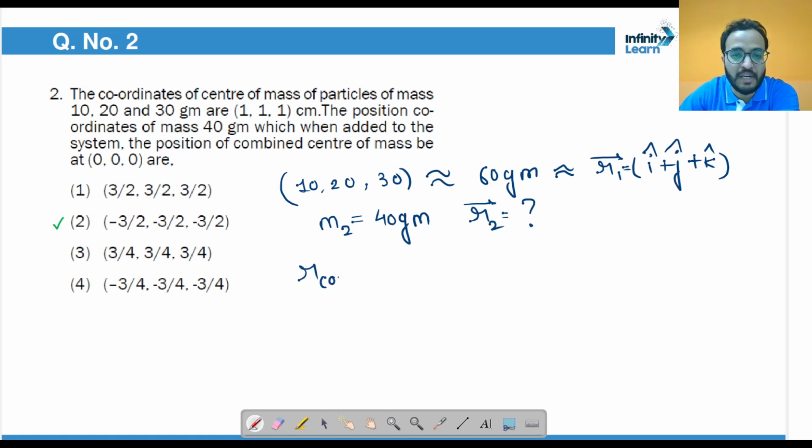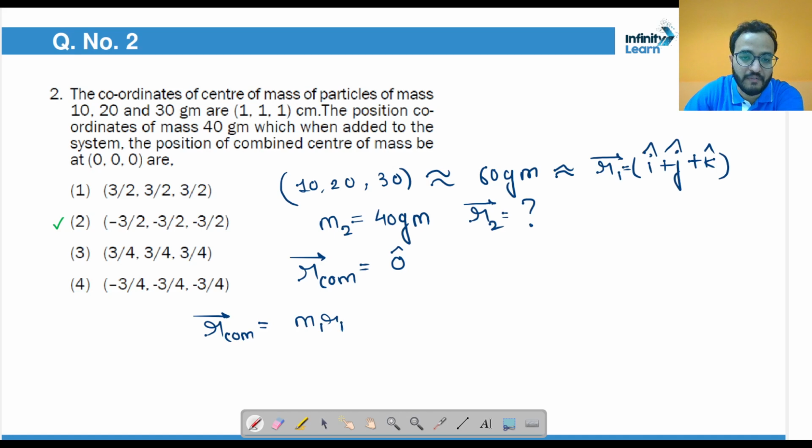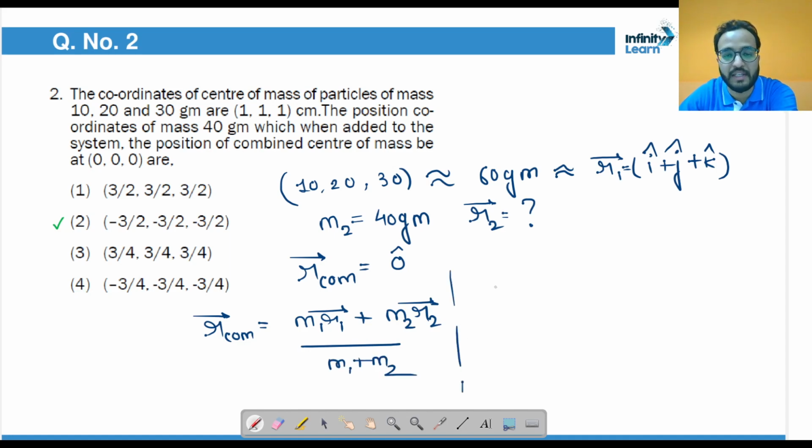And the center of mass of this complete system is the origin. So it is 0 i cap plus 0 j cap plus 0 k cap, that is a null vector, right? So we will say rcom is equal to m1 times vector r1 plus m2 times vector r2 upon m1 plus m2. So from here you can say rcom is 0. So you can say vector r2 is nothing but minus of m1 by m2 into vector r1.